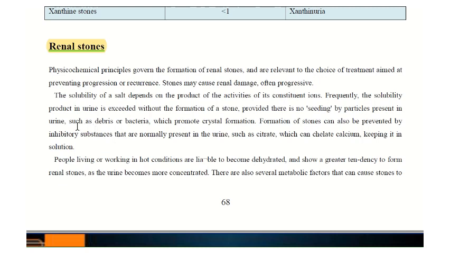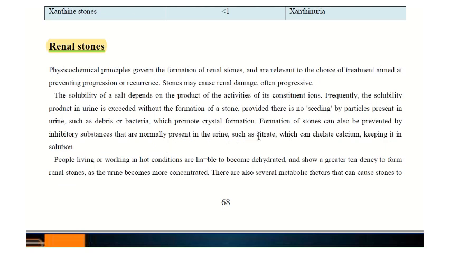And then وجود هذه الدبريز or البكتيريا promotes a crystal formation.